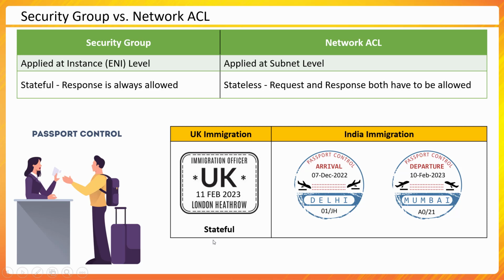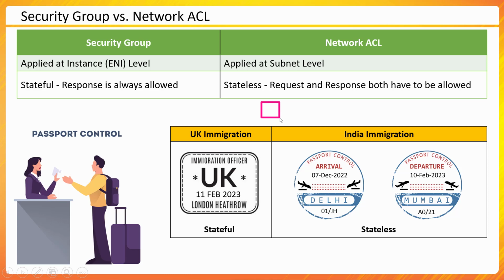They consider that, hey, if we checked you while you came in, if you are leaving, what is the need to check you, right? We allowed you legitimately to come in and you are now leaving, so there is no check required. Maybe they have a different concern than India, but India says, no, we would always perform checks in both directions, whether you are arriving into the country or leaving the country. That is stateless. Now, why are stateful and stateless used? Let me give an example.